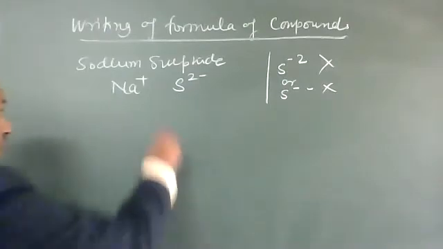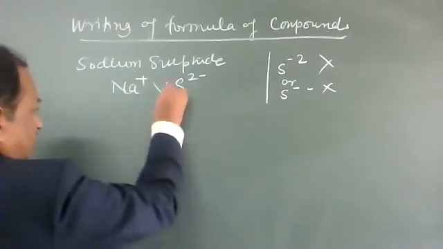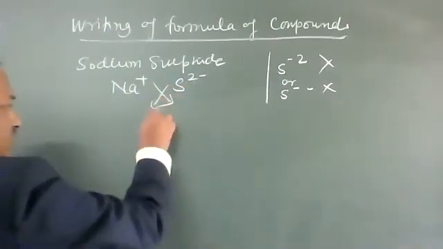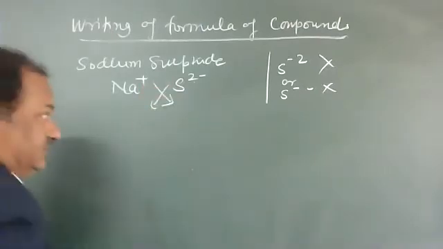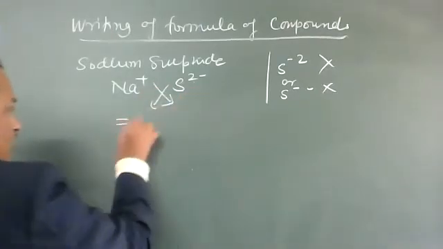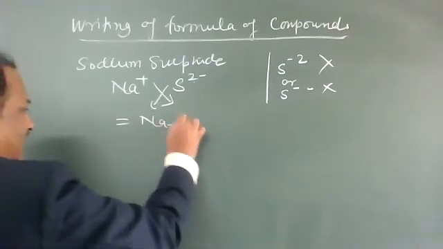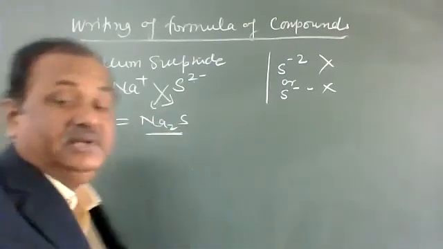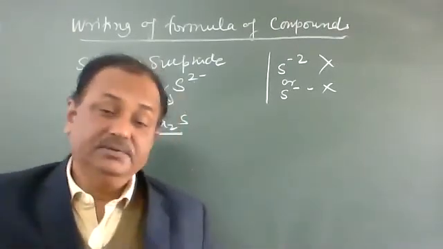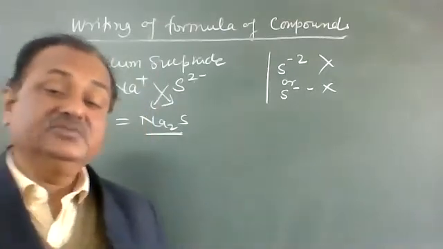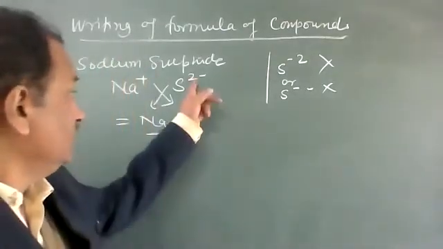Now, when we crisscross, this charge will come to this place, this charge will come to this place. So what will be Na2S? You know, the charges will be consumed because on molecules there is no charge. So 2 will come here.